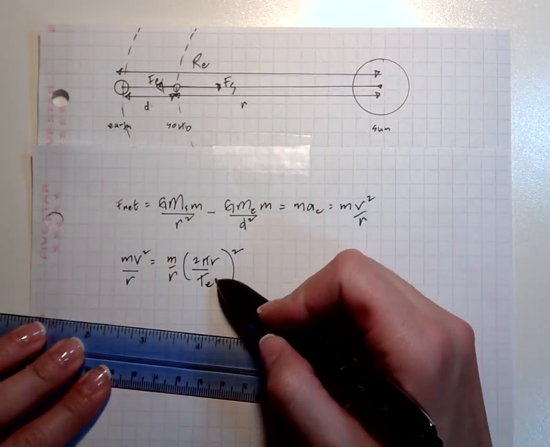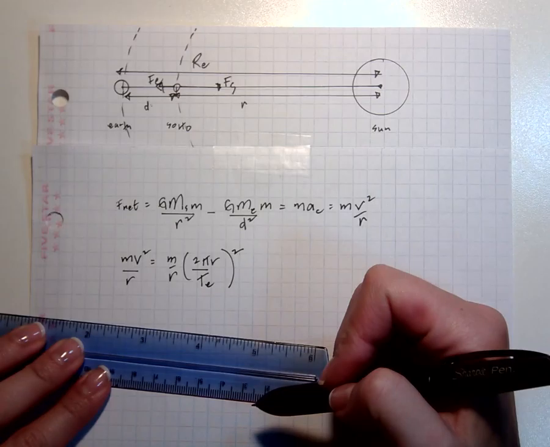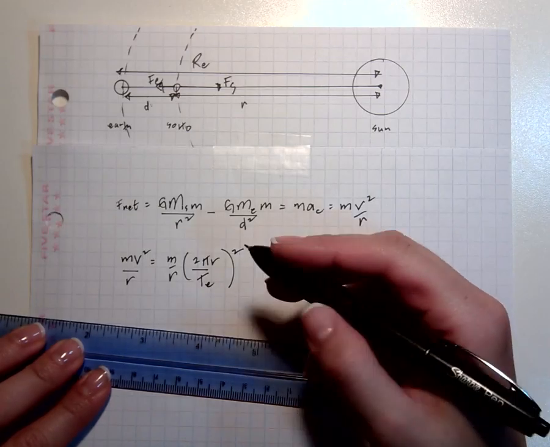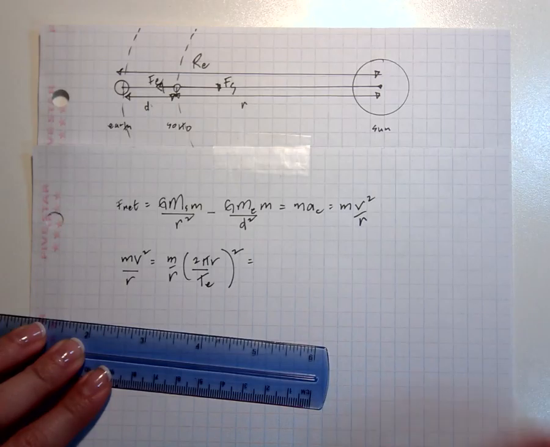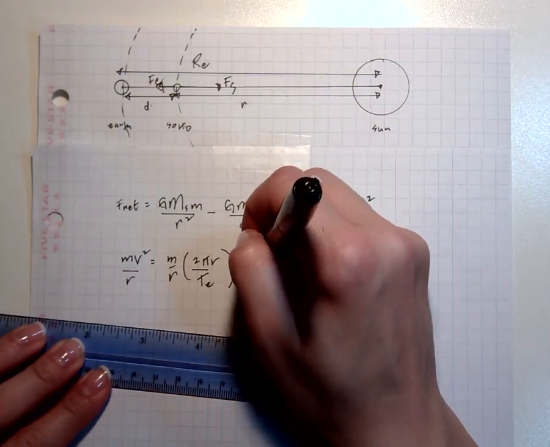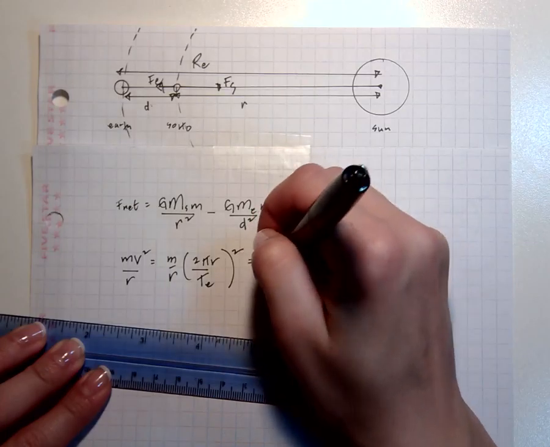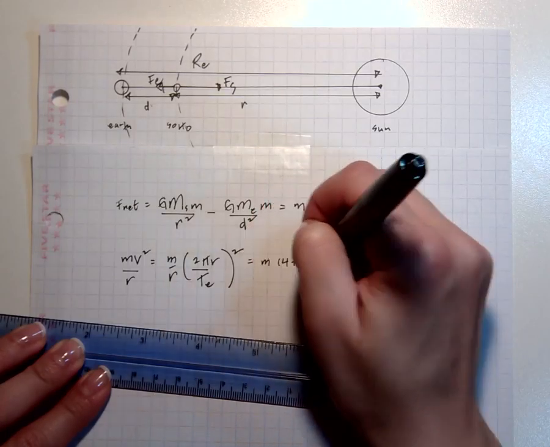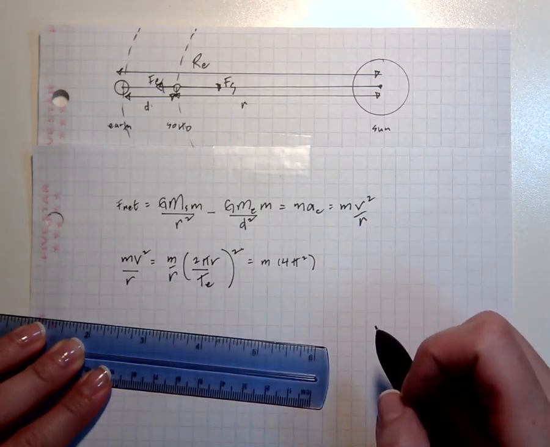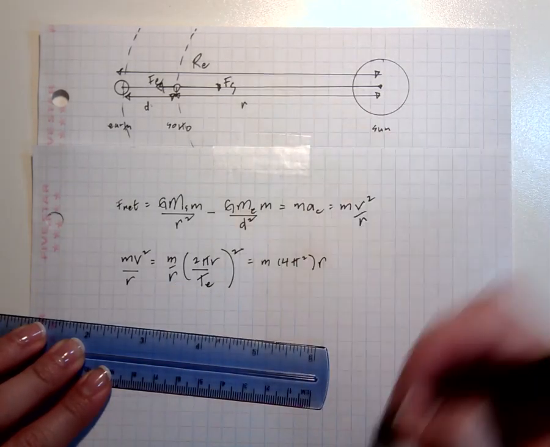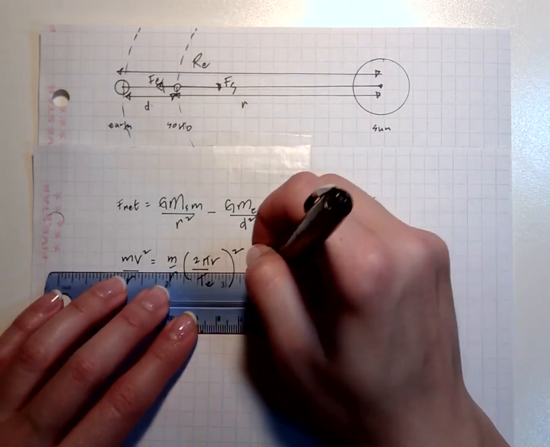So the period of the satellite is the same as the period of the Earth, 1 year, as it turns out. And if we simplify that, that looks like m times 4 pi squared. Now you've got an r squared, but you also have an r in the denominator, so that just simplifies to r over the period squared.